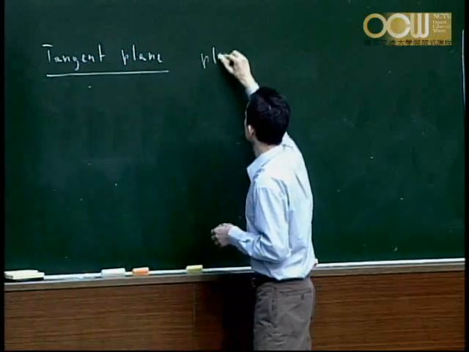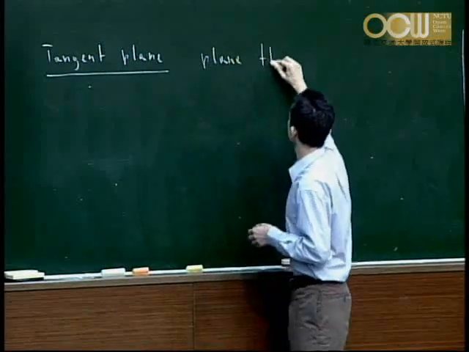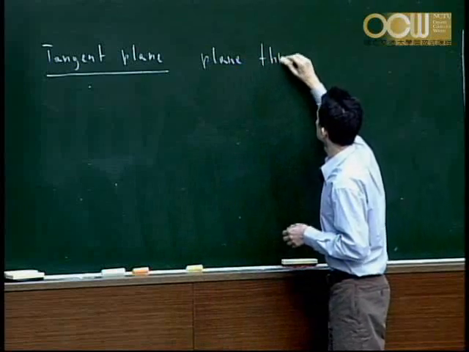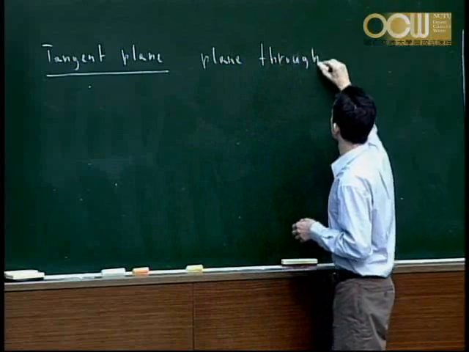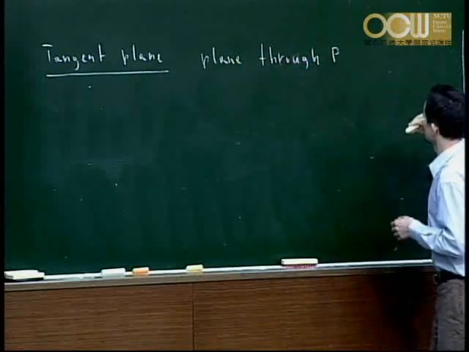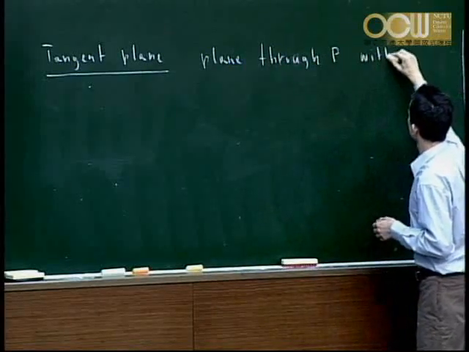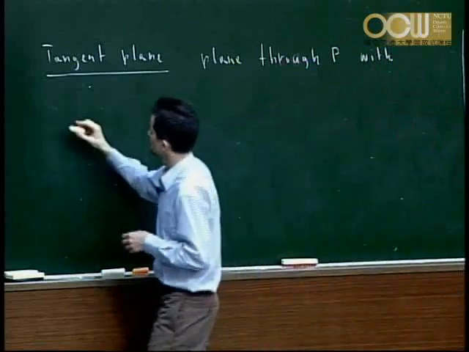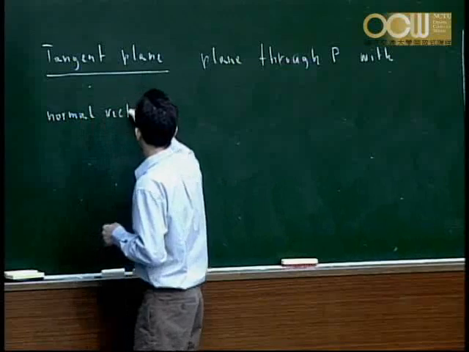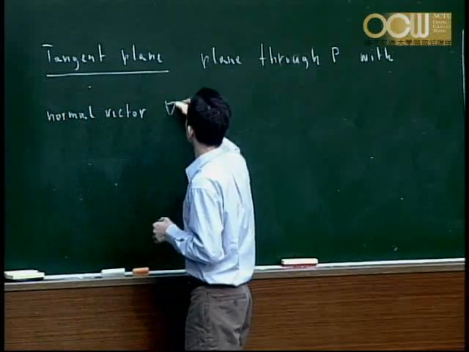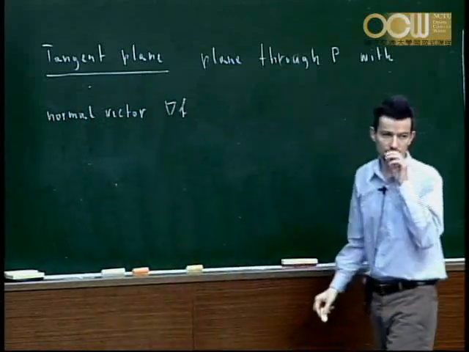This is the plane through P with normal vector gradient of f.